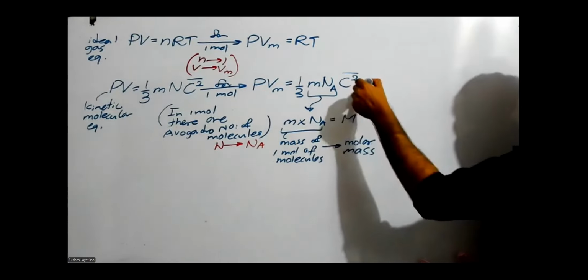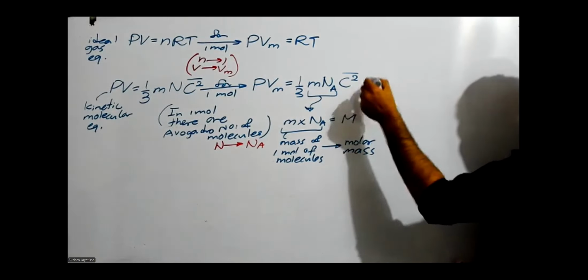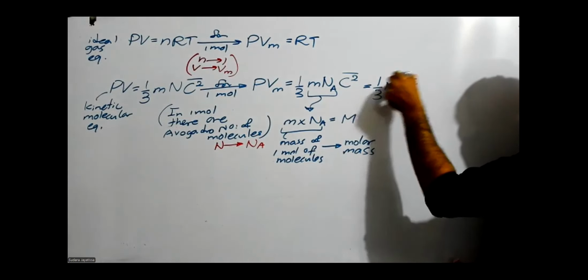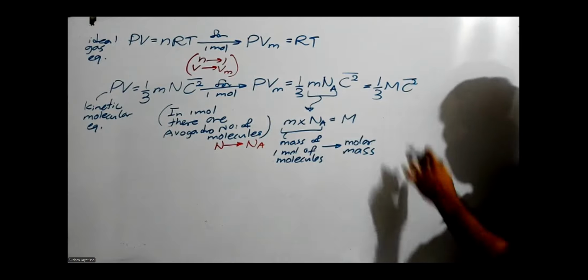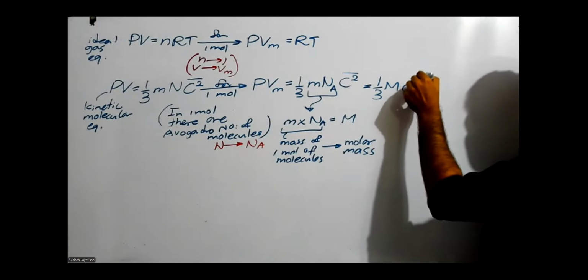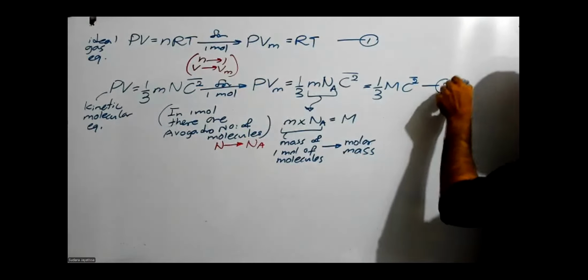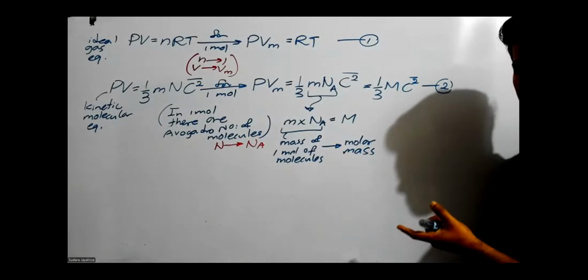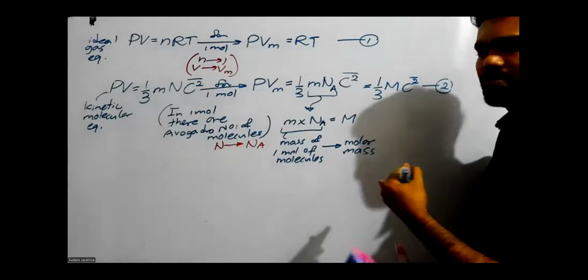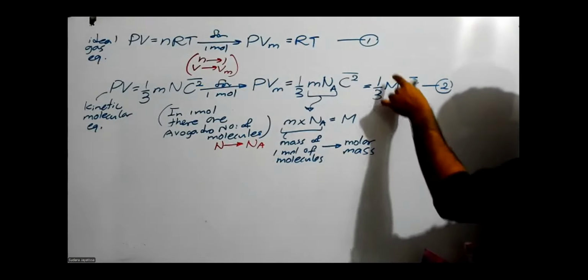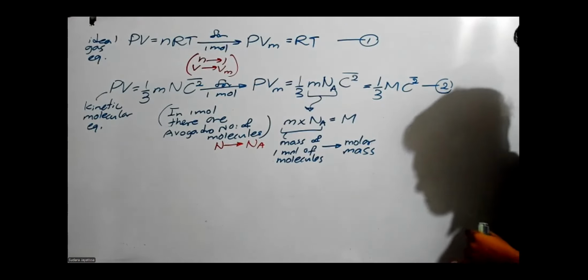Then you can write this part again: 1/3 capital M c square bar. Now we have two equations at the end, and both are equal to PVm. So we can say the first equation, this RT part, is equal to 1/3 capital M c square bar.